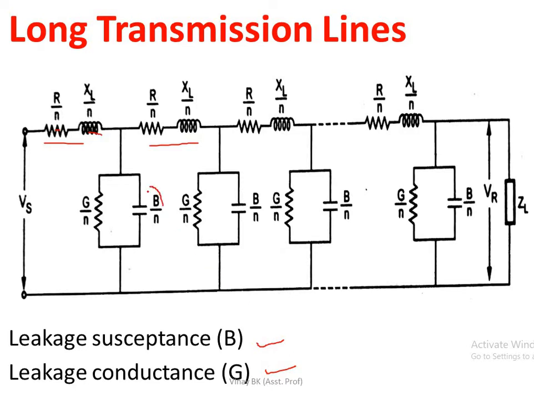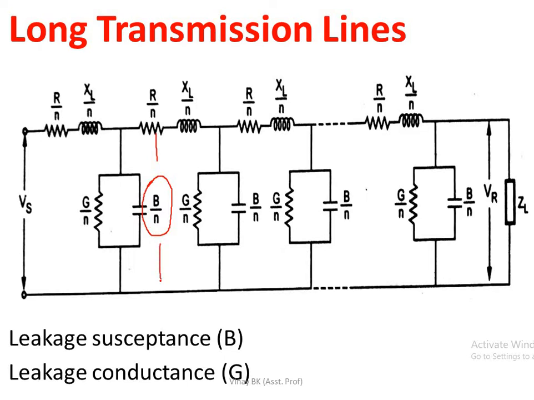The leakage susceptance and the leakage conductance are the shunt elements. The leakage susceptance is due to the fact that capacitance exists between the line and the neutral.